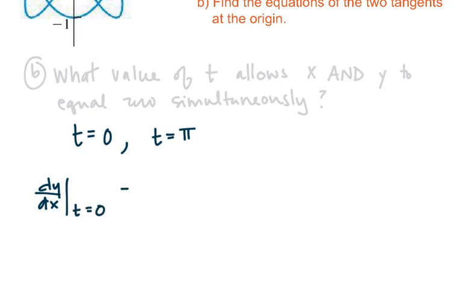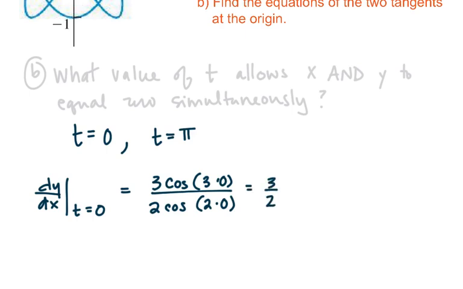That would give us a slope at t equals 0. So I've got 3 times the cosine of 3 times 0 over 2 times the cosine of 2 times 0. And that simplifies to 3 halves. So that is my slope.